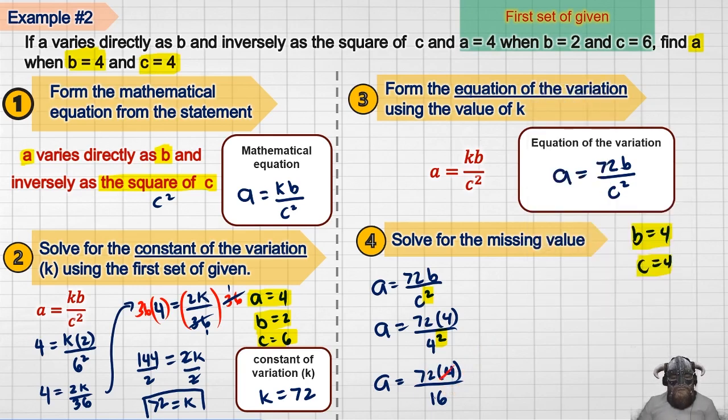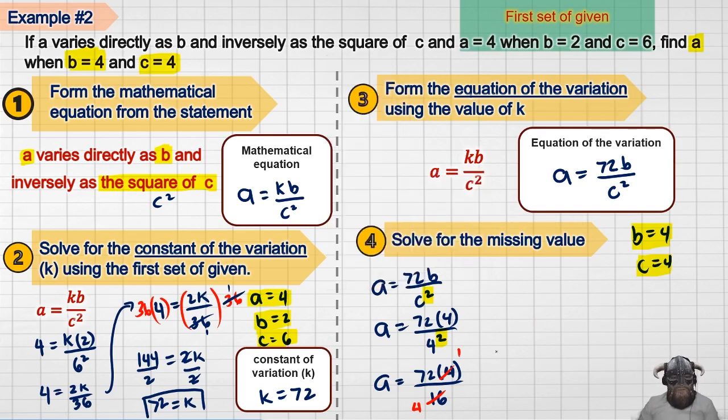Ito, katulad nito. We can get the lowest term of 4 over 16. Or we can divide both of them by 4, making 4 be equal to 1. That's 4 divided by 4. And 16 will be equal to 4. Diba? At the same time, pwede mo rin i-divide si 72 kay 4. Or dito na natin ituloy para mas madali natin intindihin.